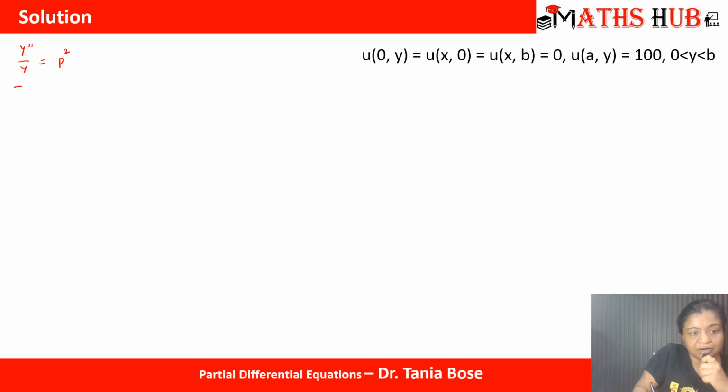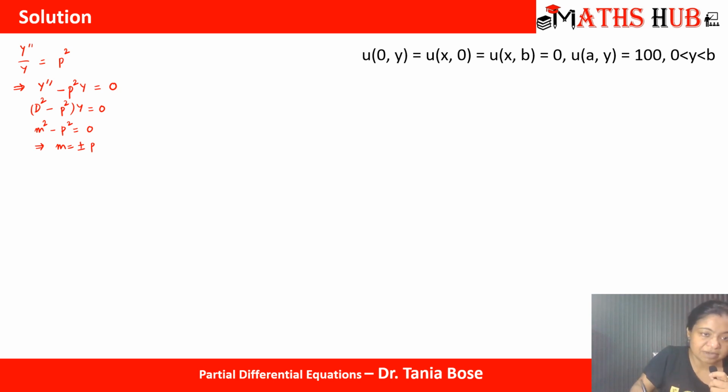So from here, when we try to frame the equation, we get y double dash minus p square y is equal to 0, right? So from here, the auxiliary equation is D square minus p square into y is equal to 0. So the algebraic expression becomes m square minus p square is equal to 0. So this implies m is equal to plus minus p.